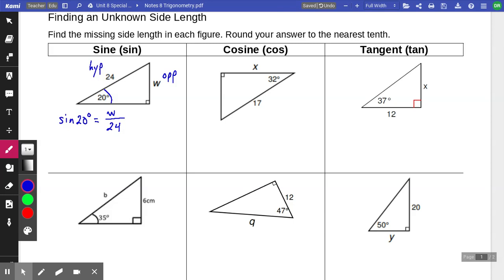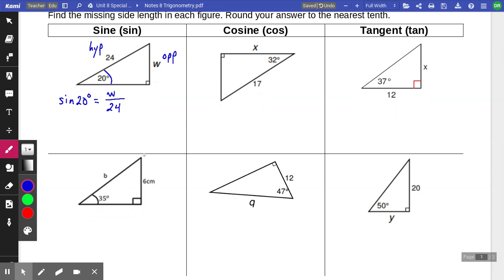Let's go ahead and set up the next one as well underneath it. You notice again, we have this angle 35. We're given the side across from it, the leg opposite of 35, which is 6 centimeters. So here's our opposite side. And B is across from 90 degrees, which we have always called the hypotenuse.